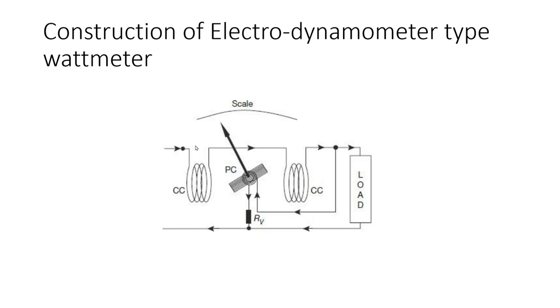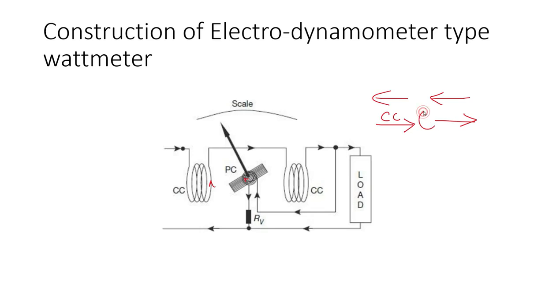In the electrodynamometer, when the AC current changes in this component, let's say, the current also changes in this component. If the current changes like this, the magnetic field is in this direction and the magnetic field in the coil is in this direction, so it would interact in the same way as if the magnetic field in the CC coil, the current coil, is in this direction and in the potential coil it is in this direction.